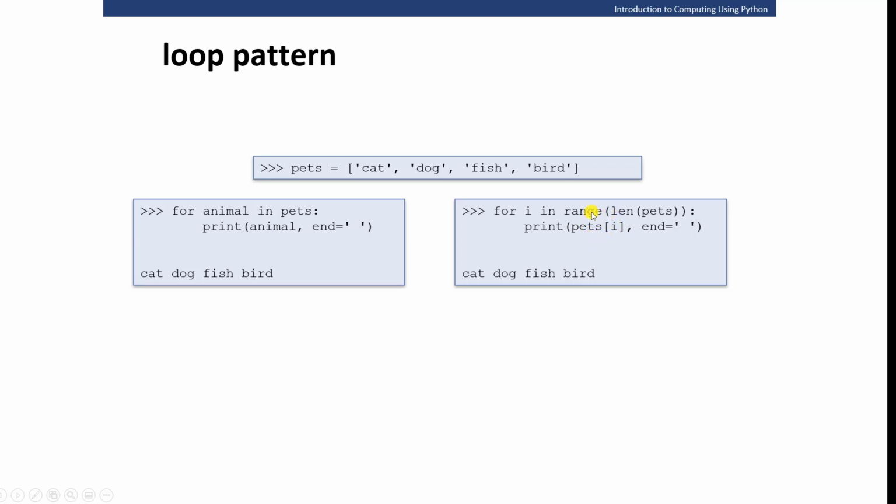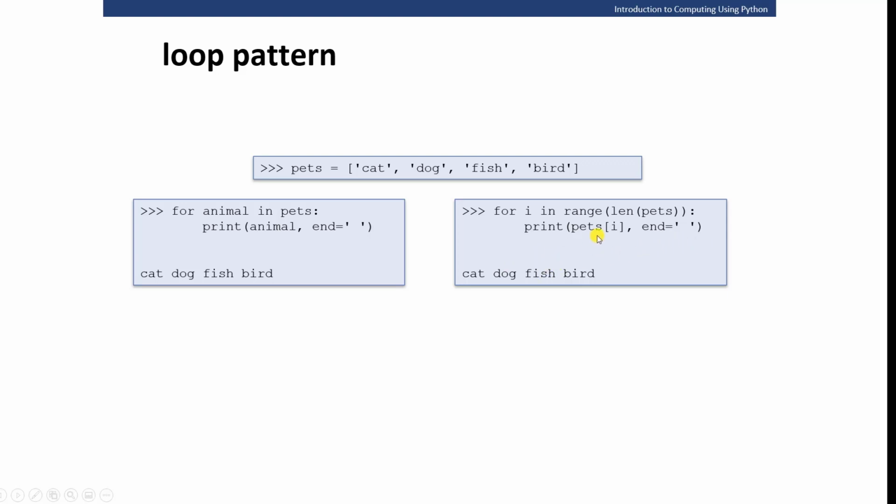By using the index of that item instead of printing the value of that item. So note how the range and the length functions work in tandem to generate the indexes 0, 1, 2, and 3 of bits.